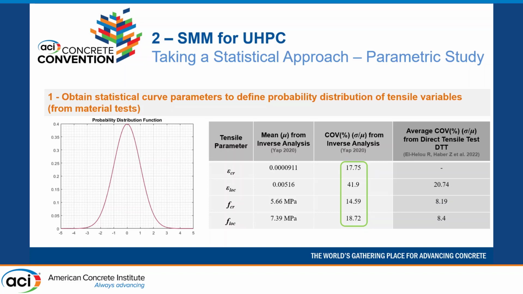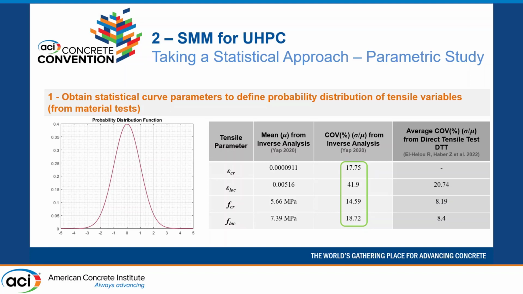We used the results of the material tests that were done by Toronto for the same panels, and we used the statistical parameters, namely the mean and the standard deviation, in order to run the Monte Carlo simulation, assuming a normal distribution for all of the variables involved. The variables that we're investigating are the tensile cracking stress and strain, and localization stress and strain.